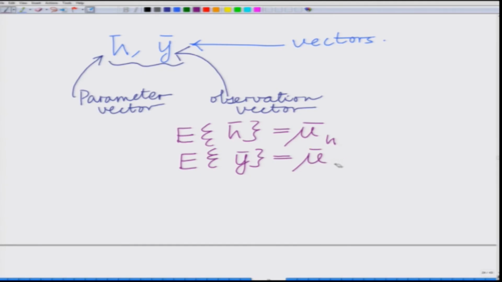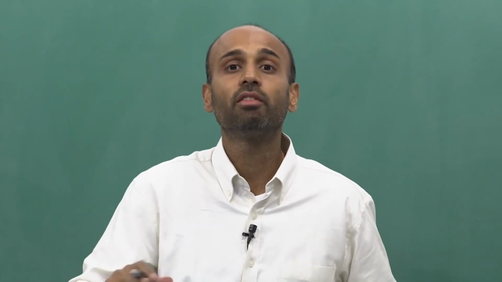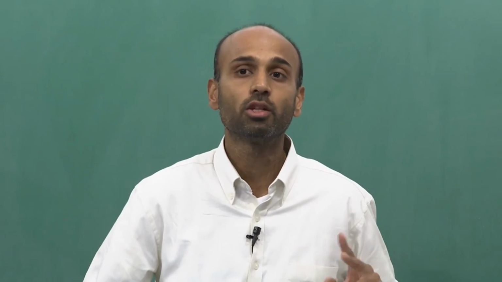This is mean mu bar of y. Now, instead of the variances and the covariance, what we need are the covariance matrix of the observation y bar, the covariance matrix of the parameter h bar, and also the cross covariance between these two vectors. That is what we need.